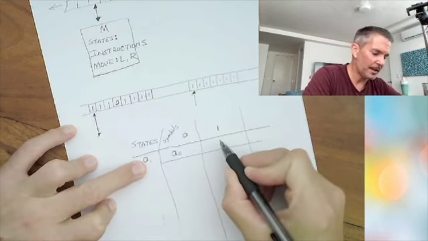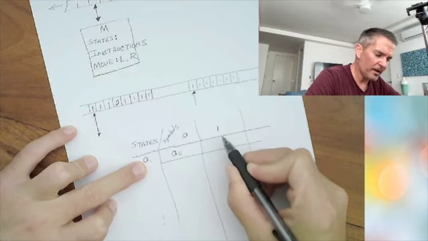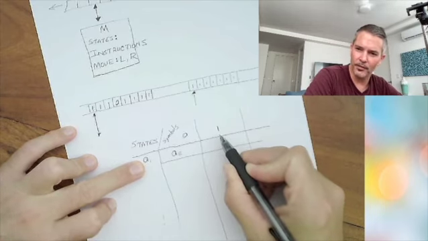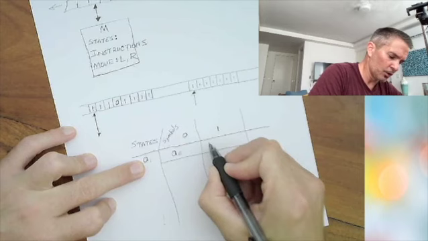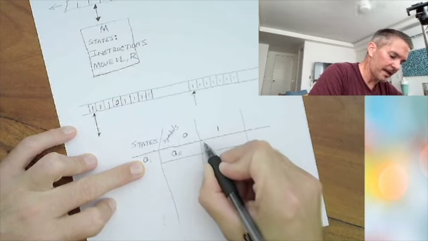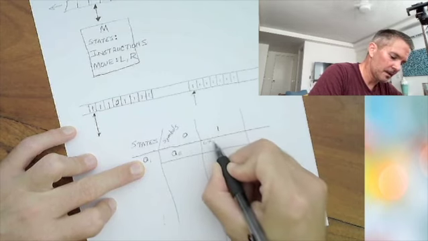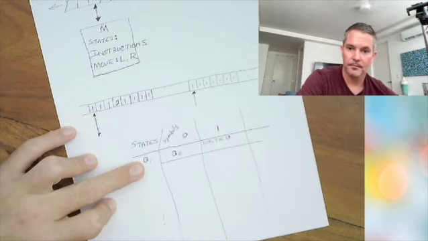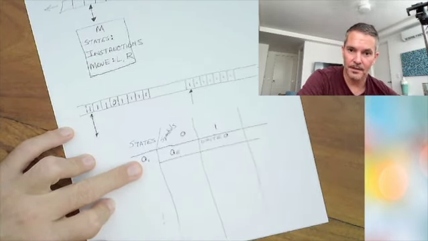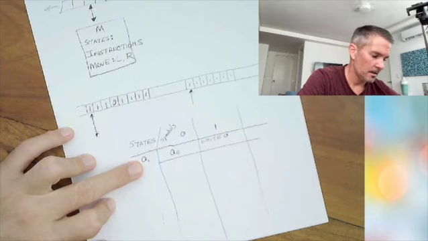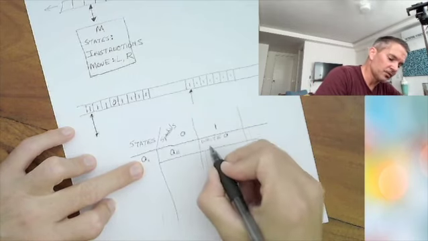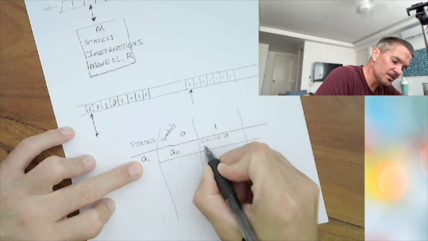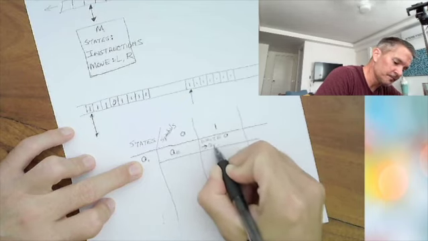Let's say the machine was pointing at a 1. We've already decided what we want to do. I said it earlier. We're going to write a 0 onto the tape. Okay. We're going to transition to a new state that we're going to call Q2.